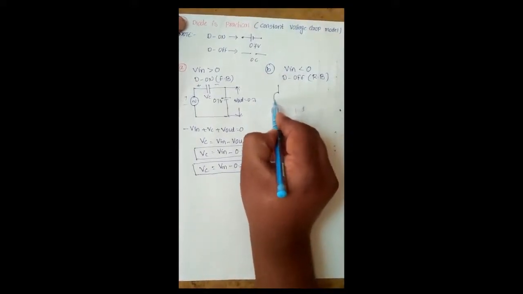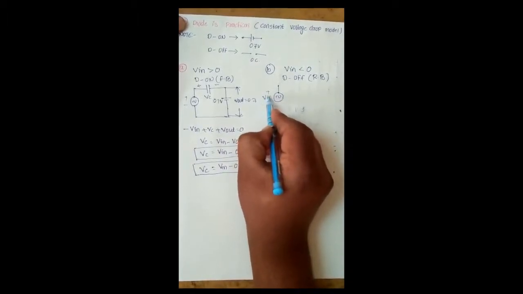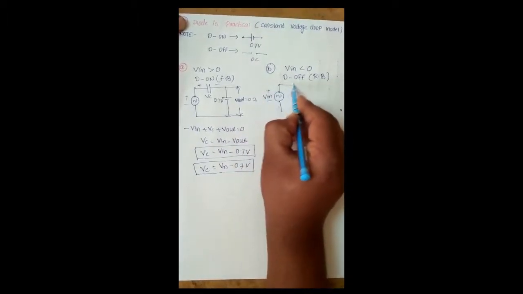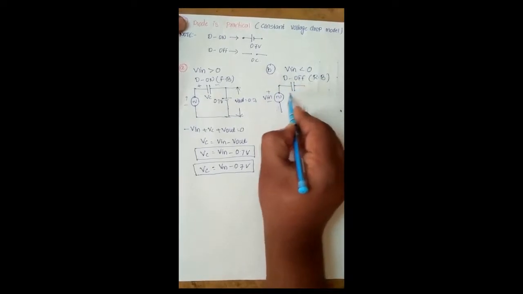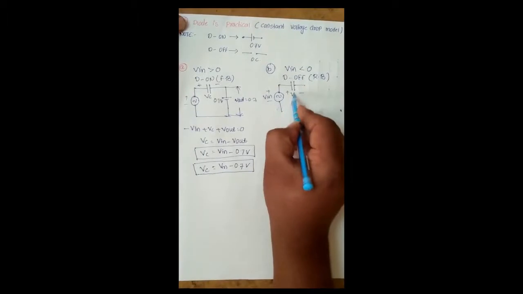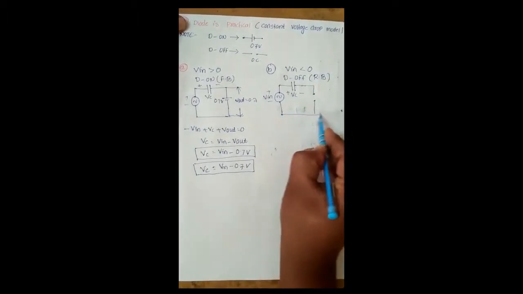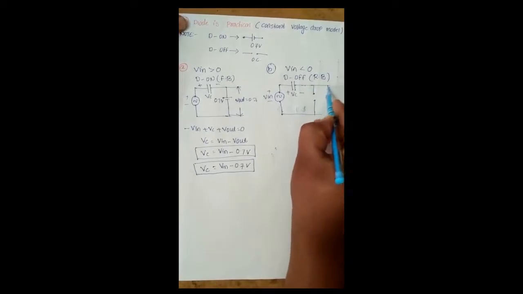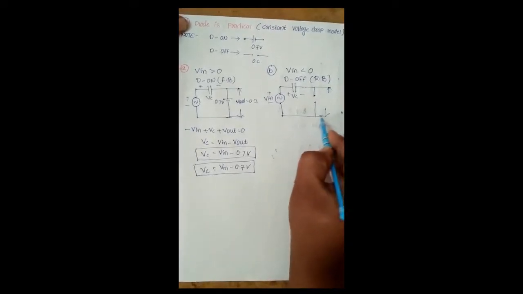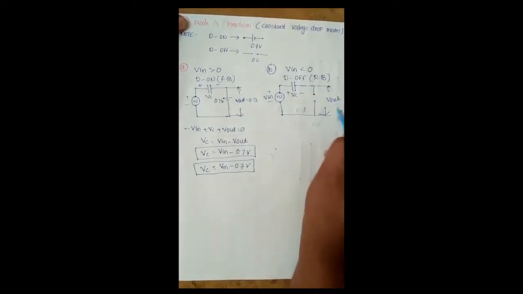Again we redraw the negative clamper circuit: the input voltage, the capacitor, which initially stores Vm minus 0.7 volts, the diode open circuited, and the output terminal, where we take the output.